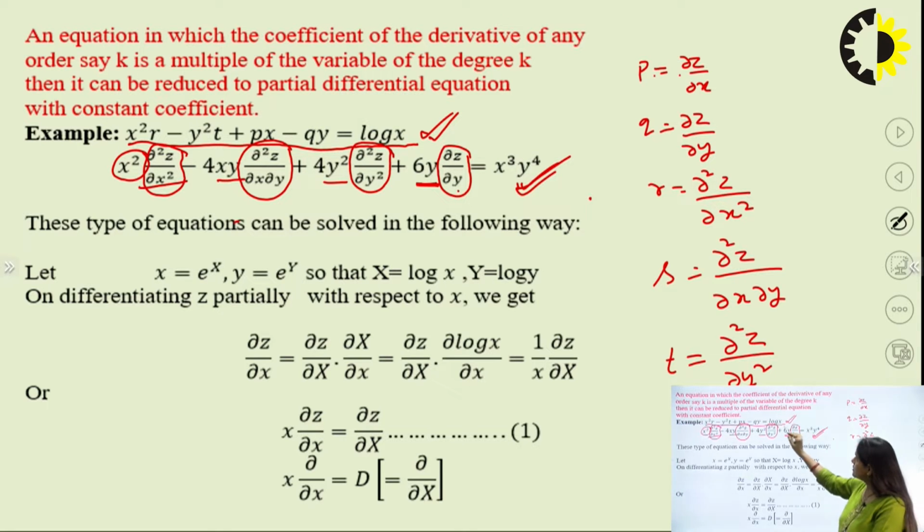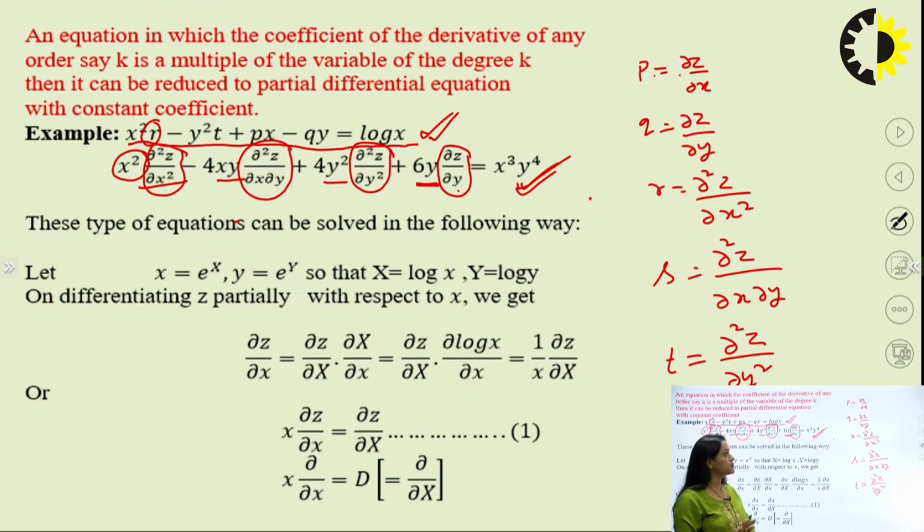We all know this very well, because we are doing partial differential equations. So you see in this example, if we talk about R, what is it? It is nothing but the second order derivative of z with respect to x, and that is why here we have multiplied by x square. Similarly, in the second term we have t, which is a second order derivative of z with respect to y, and here the multiplication is with y square.